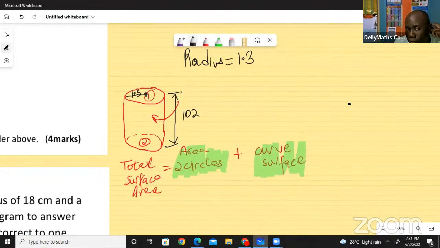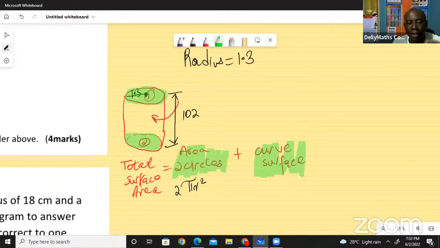I'm going to give you the formula. For a circle, everybody knows, the area is pi r squared. We're going to multiply by 2 because it's 2 circles, one at the top and one at the bottom. I could color them for you. We have 1 circle up here, and there's another circle down there.